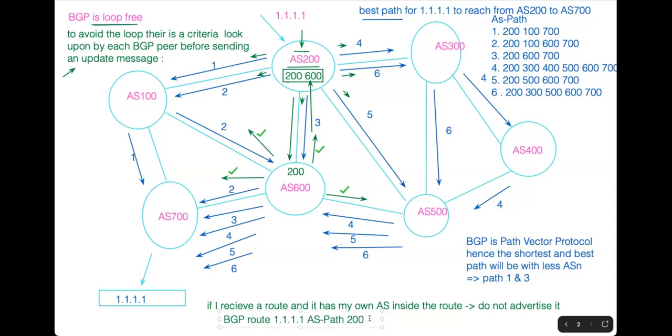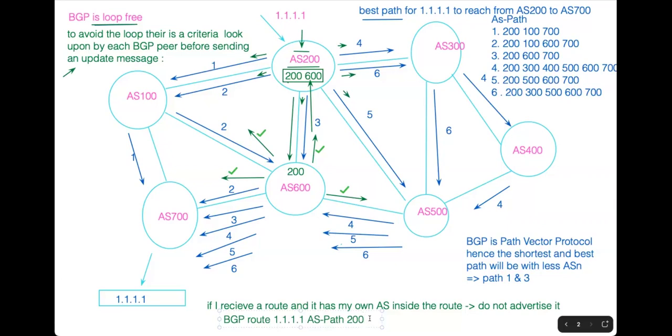So the same is what the BGP router does when it receives a route from another AS. Within that particular route, if it finds that my AS number is already listed in the path, I'm not going to keep that route in the routing table. I'll prefer my route.